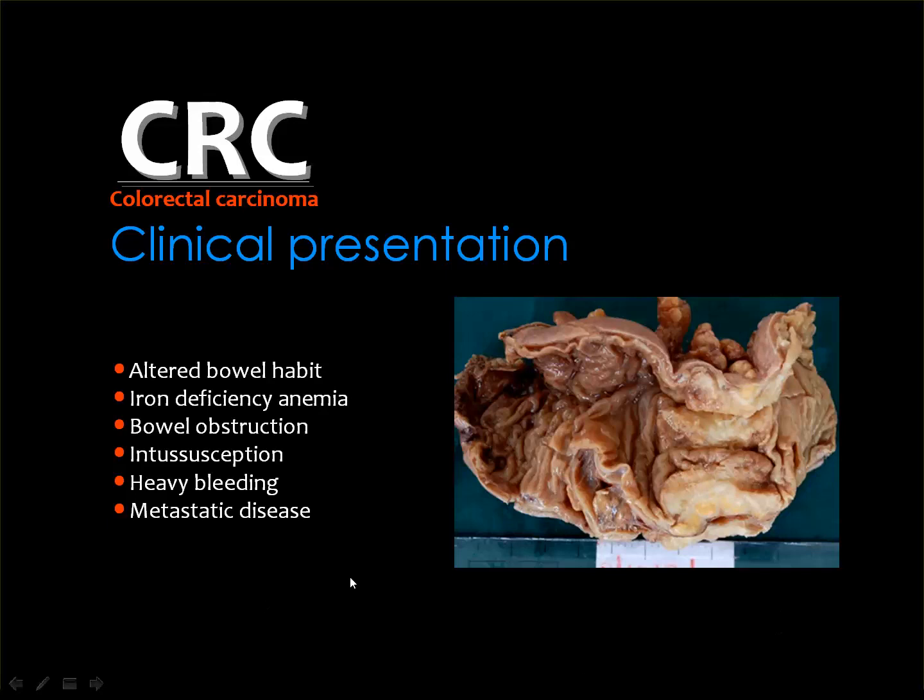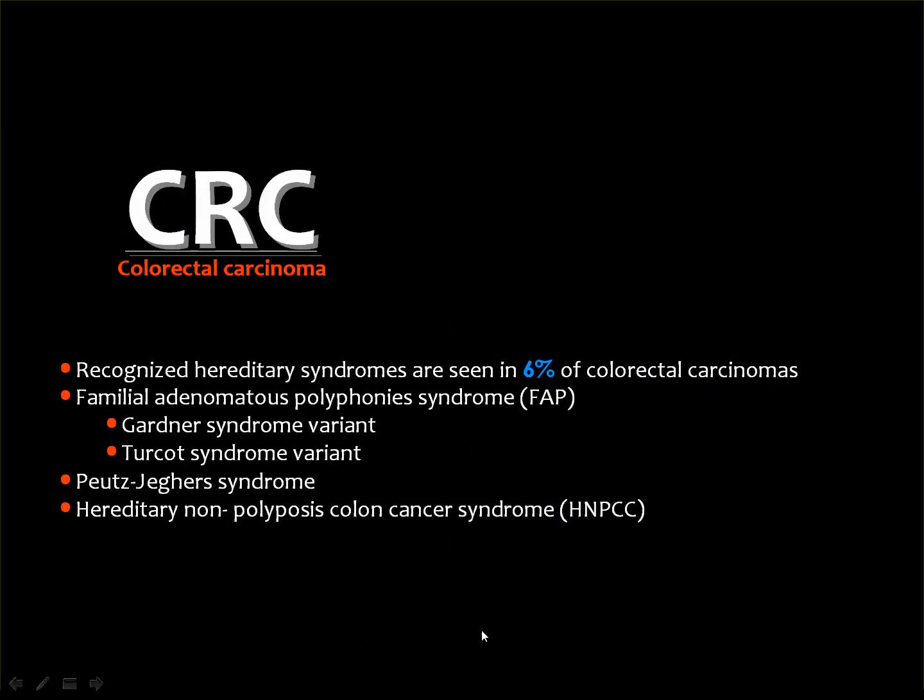Then the clinical presentation of colorectal carcinoma may include abnormalities in the bowel habit, iron deficiency anemia due to rectal bleeding, bowel obstruction, intussusception, maybe heavy bleeding, and also metastatic disease.